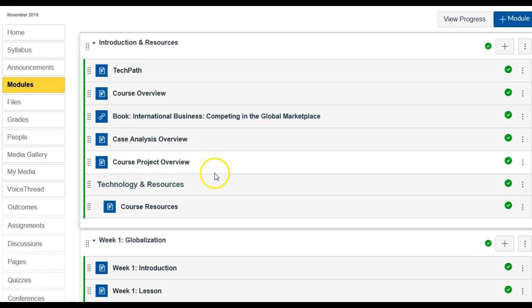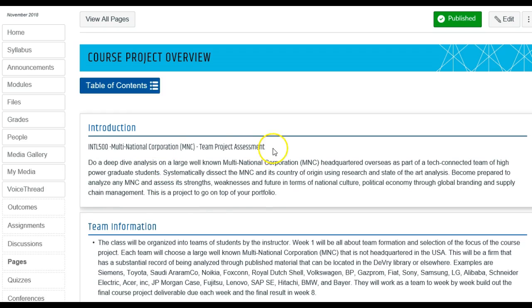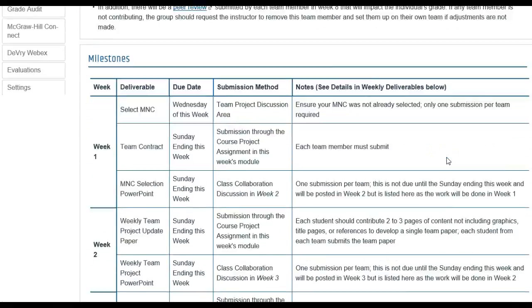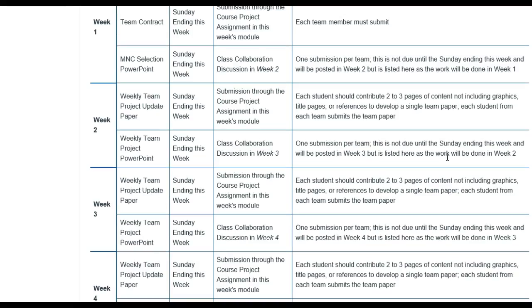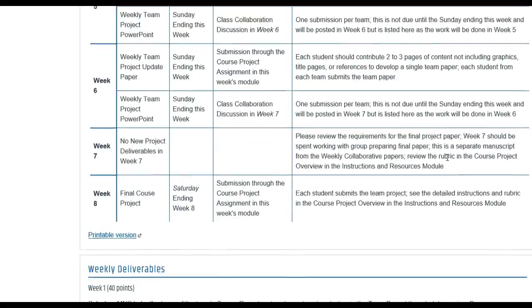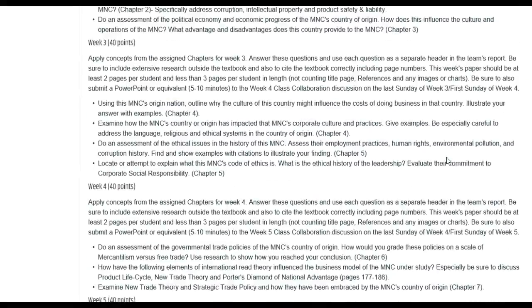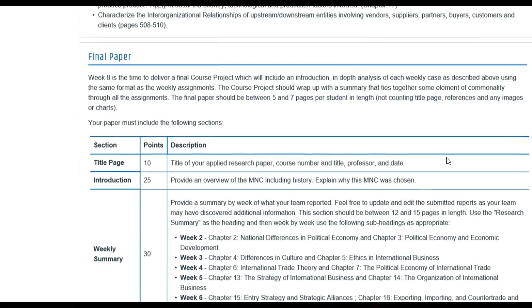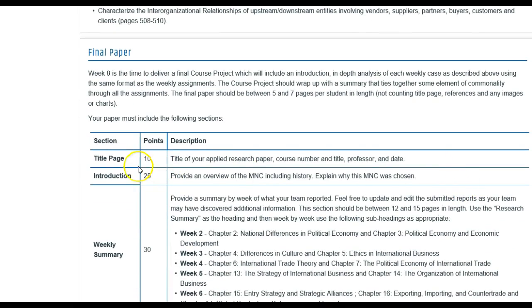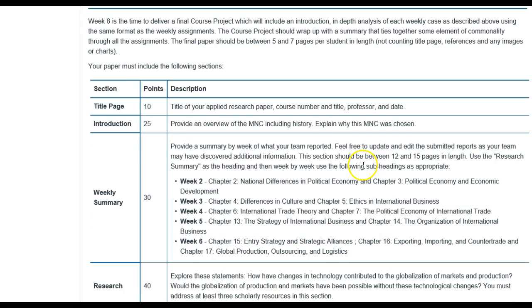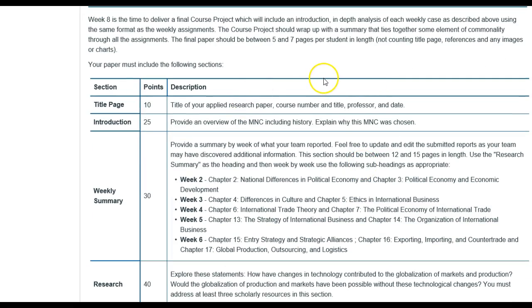So let's look at the course project overview in our modules under the Introduction and Resources section. We will see that here is a series of items for us to think about and the individual deliverables that are available. Now, let's look instead at the final paper, because this is what I want to concentrate on with this video.